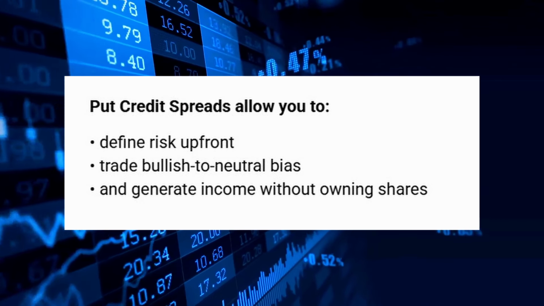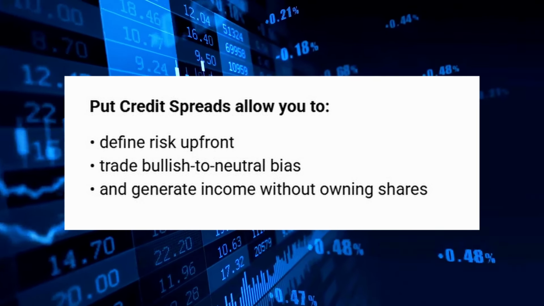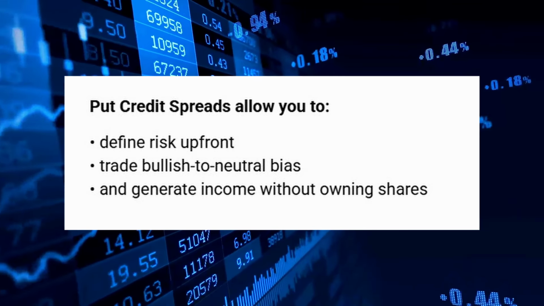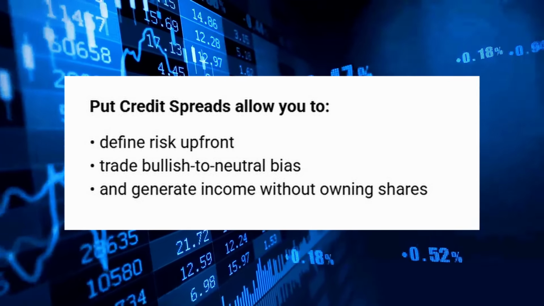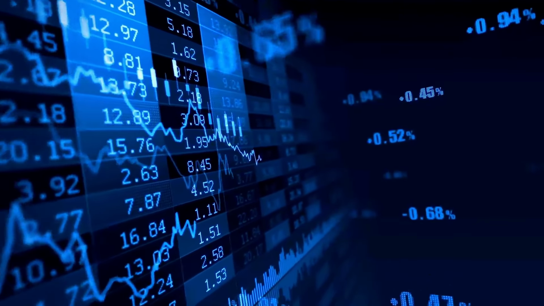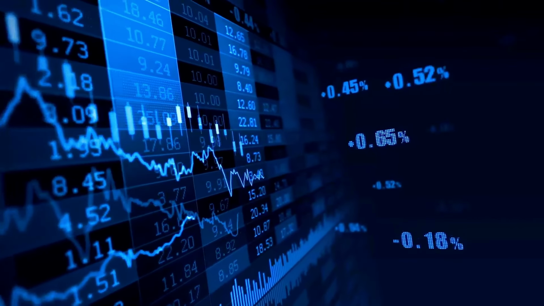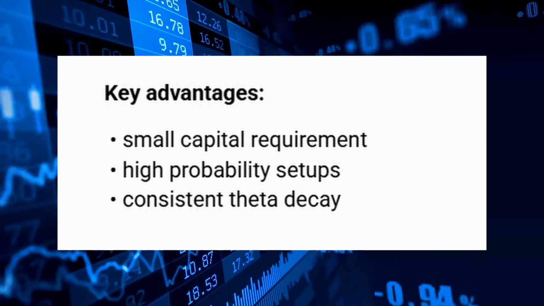One of the most efficient tools for small accounts is strategy number 1: put credit spreads. Why? Because they allow you to define risk up front, trade bullish to neutral bias, and generate income without owning the shares outright. You're not betting the stock explodes higher, you're betting it simply doesn't collapse. The key advantages?